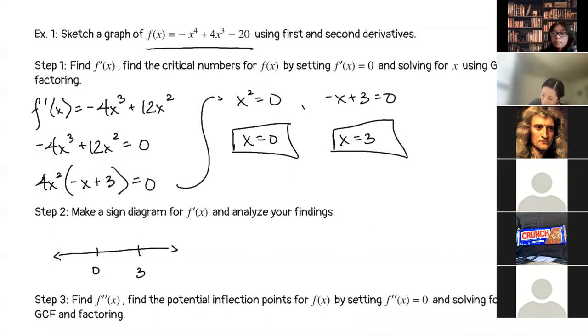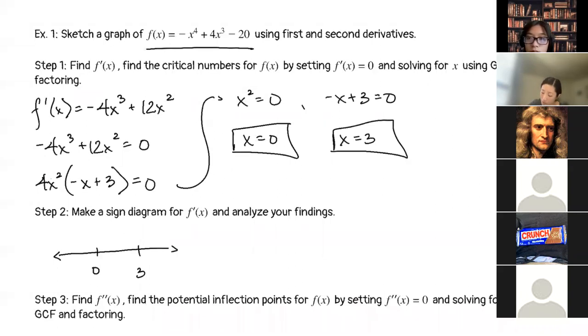I would like you to pick a number that is smaller than 0. Everybody pick their favorite number that is smaller than 0. Now, what I want to know is, is the slope before 0 positive or negative?